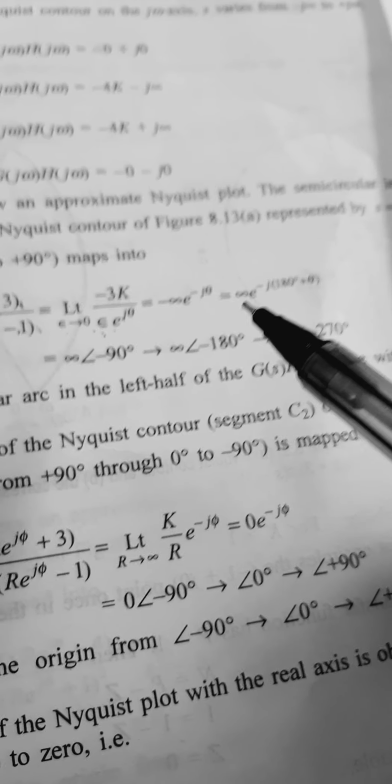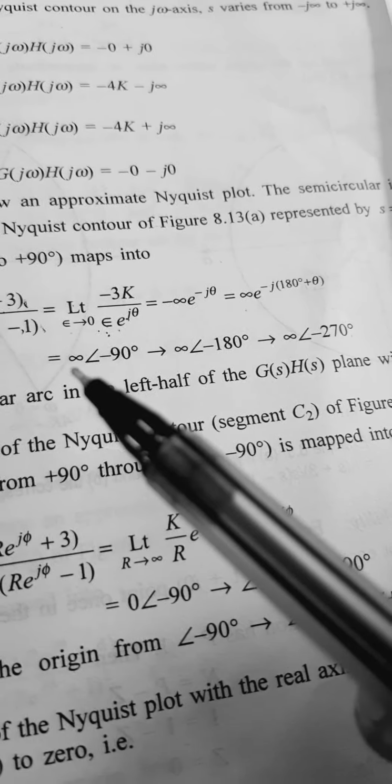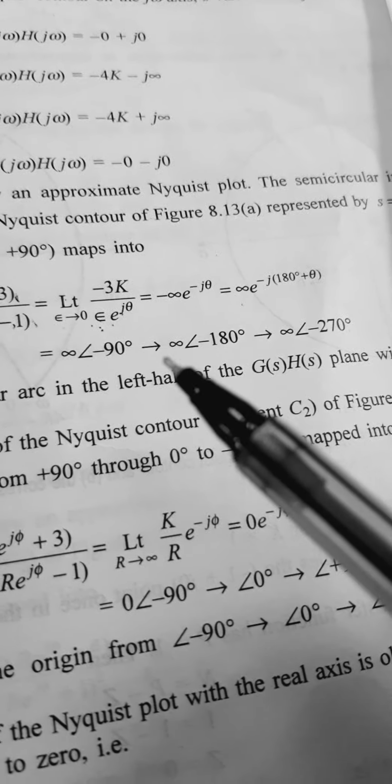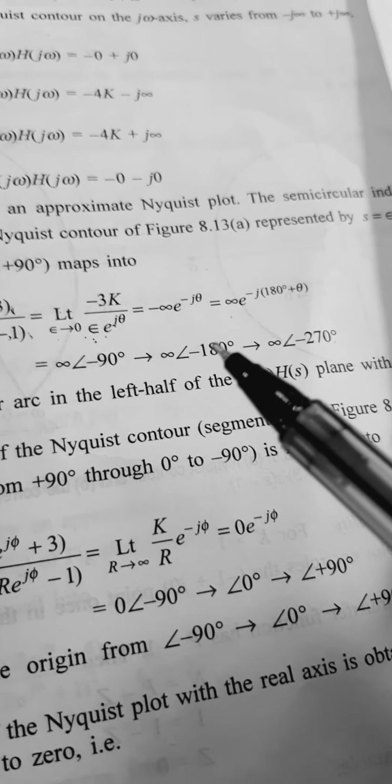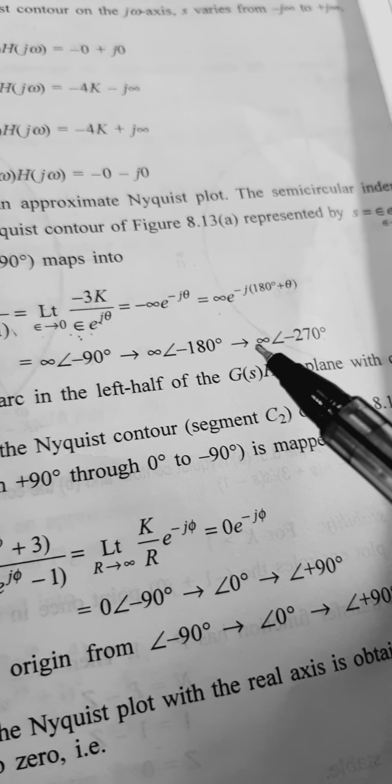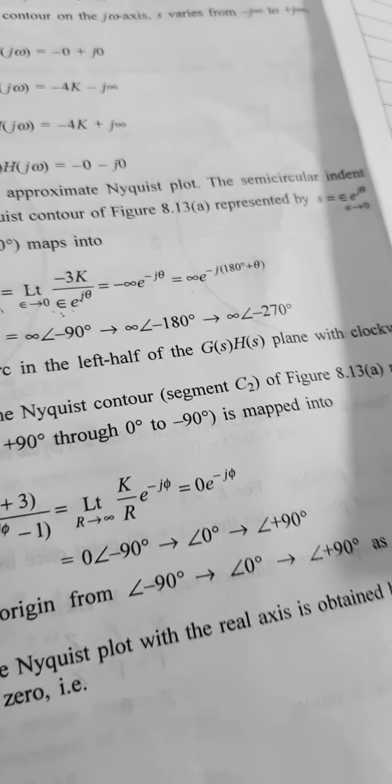Magnitude is infinity from where? Minus 90 to minus 180 to minus 270.